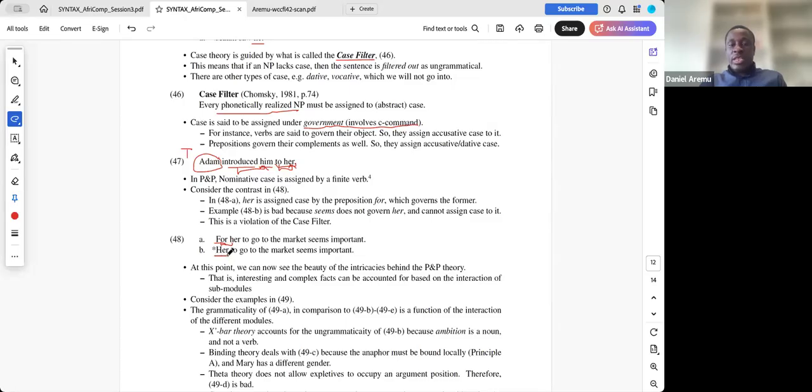You have a phonetically realized NP that cannot be assigned case by anything. So R to go to the market seems important is not possible. Remember our case filter. It says every phonetically realized NP must be assigned an abstract case. And now we have a phonetically realized NP which cannot be assigned any case. Why? Because there is no governor, nothing to assign case.